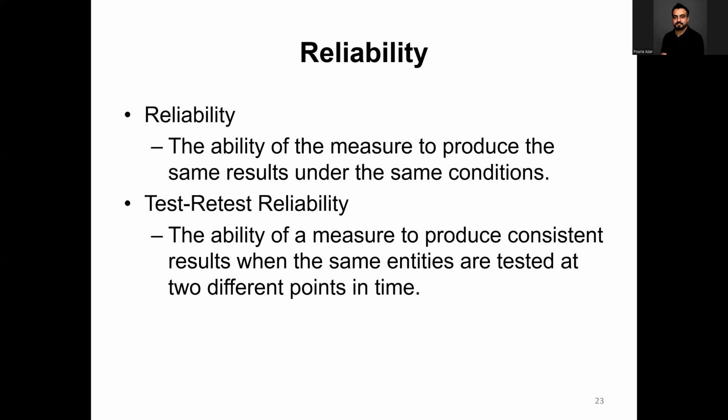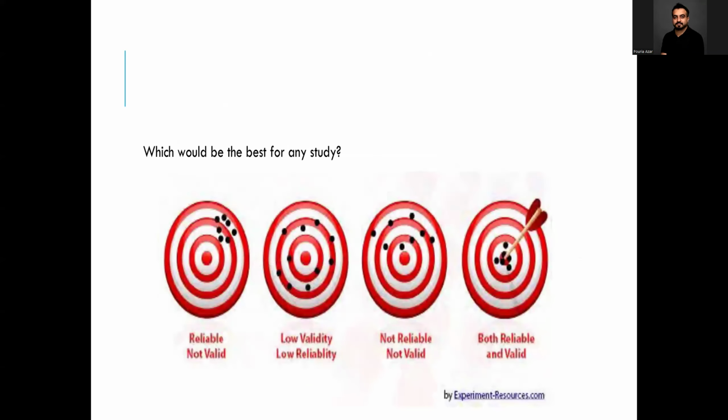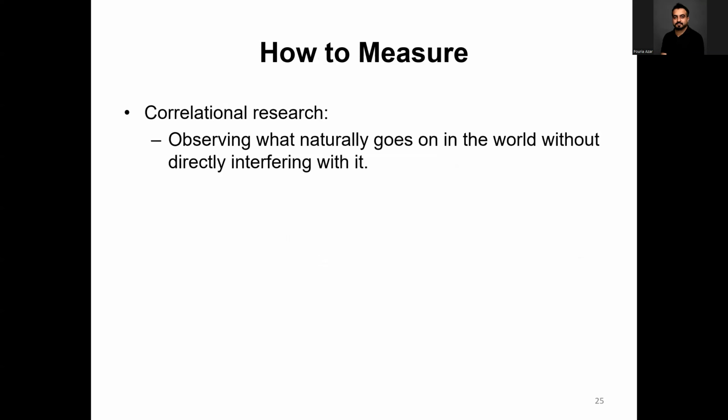So we can do test retest reliability in order to measure the ability of our measure to produce consistent result over time. Which would be the best for any study? Reliable, not valid, low validity, low reliability, not reliable, not valid, both reliable and valid. Of course, both reliable and valid.